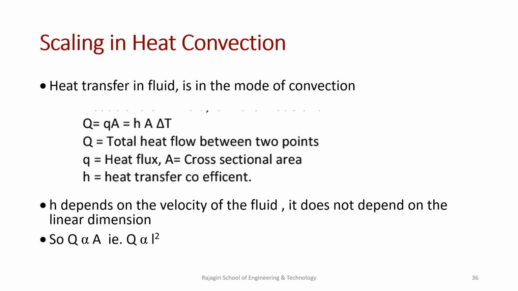The heat flow between 2 points, capital Q, is given by small q into A, where small q is the heat flux and A is the cross-sectional area, which is also equal to H into A into delta T. H is the heat transfer coefficient, which does not scale along with the linear dimension, but area A scales with the linear dimension as proportional to L square. So here we can say that the heat transfer Q will be proportional to L square.